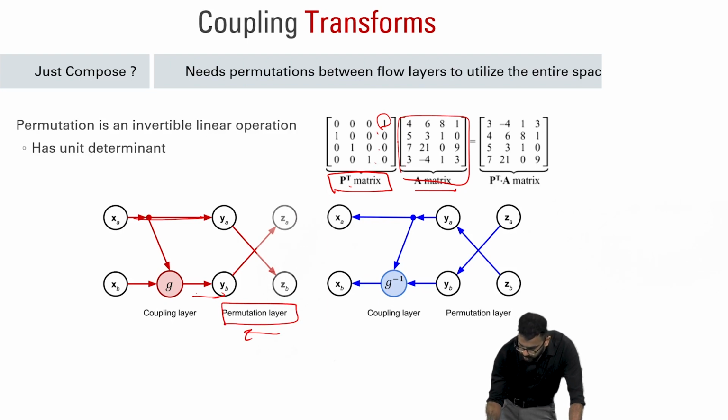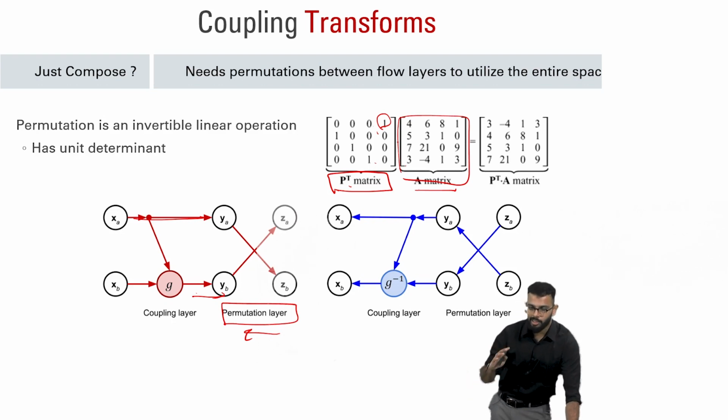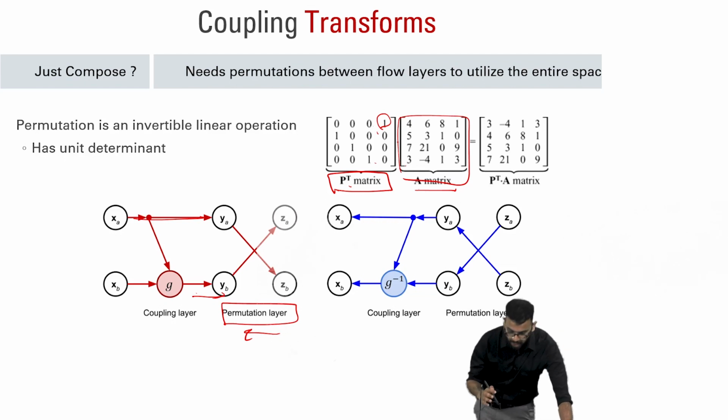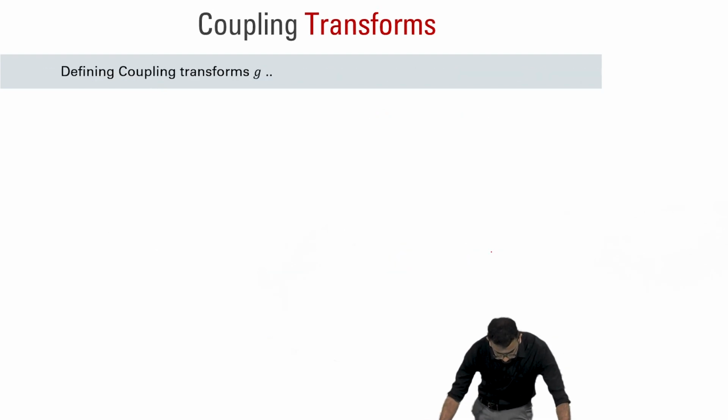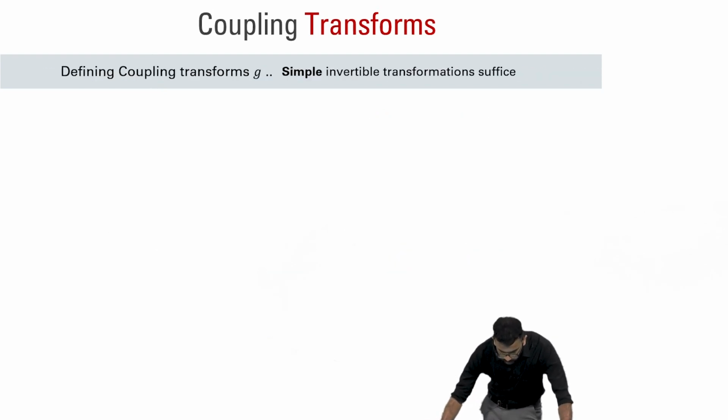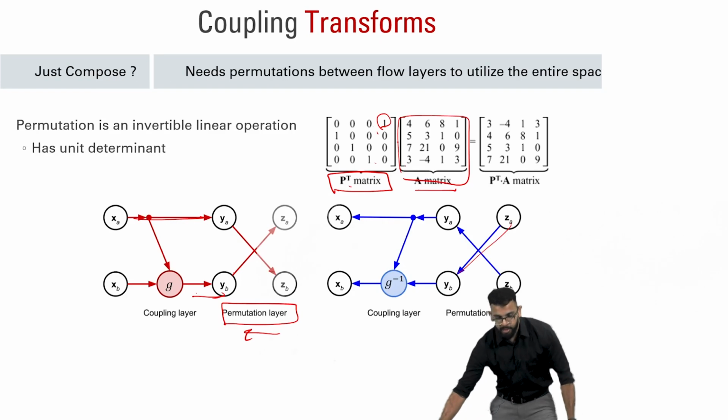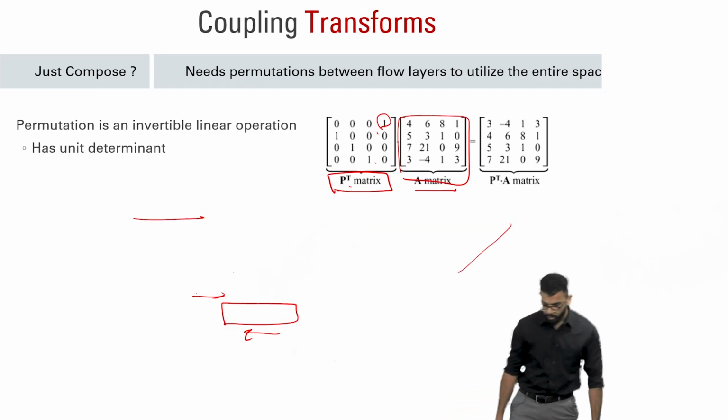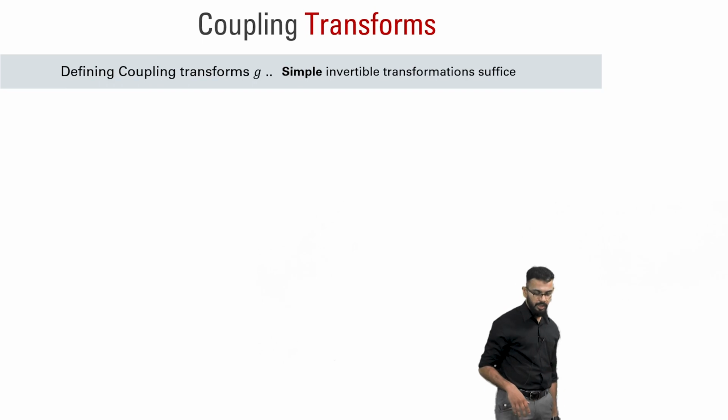Since this is a 0-1 matrix, the Jacobian of this particular matrix has determinant 1, which means it does not alter the volume of the space in any way, right? So you don't have to worry about Jacobian computations here, and the entire thing is invertible as well. Good.